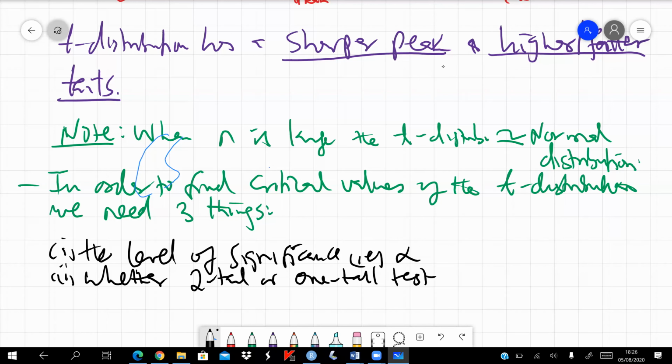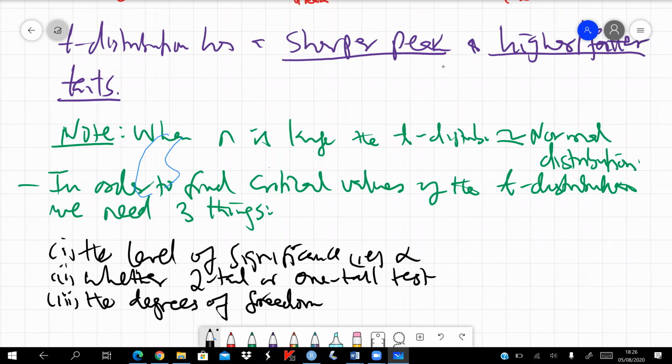So those two points are common for both the t and the z distribution. Number three, you need to know the degrees of freedom. Degrees of freedom are not used in the context of the normal distribution.